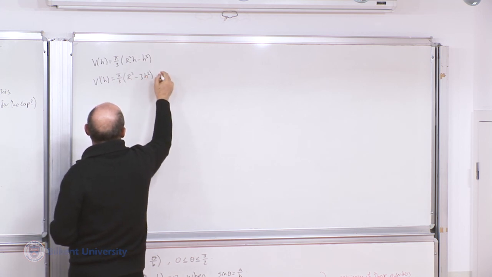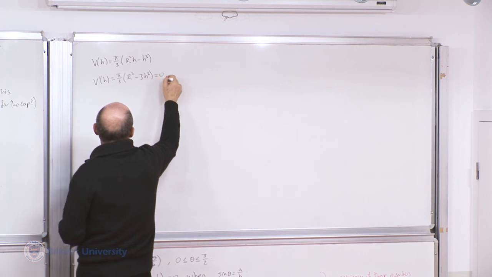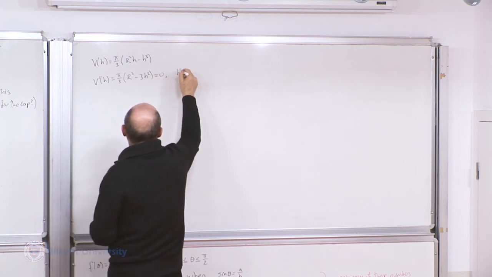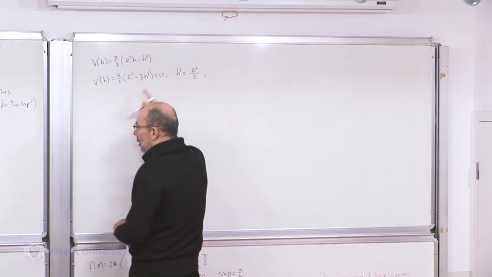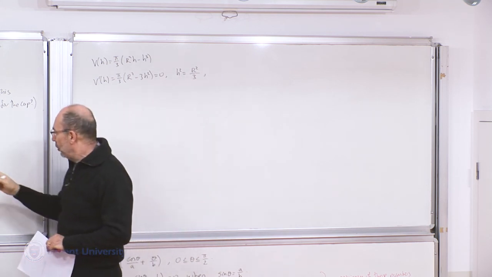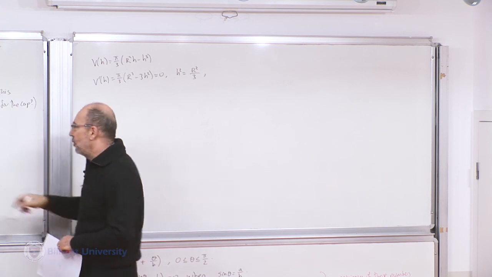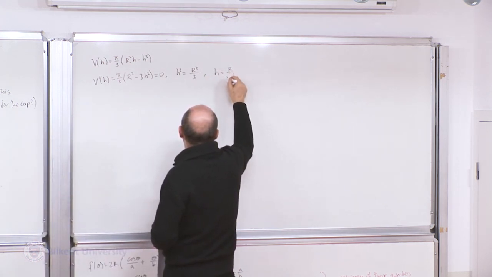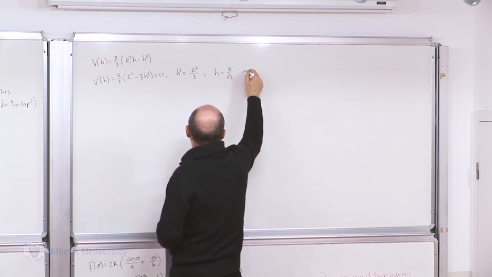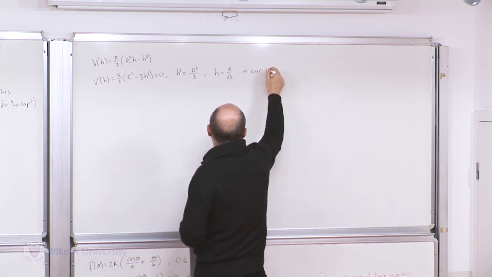So this is now easier, equal to 0. So h squared is equal to R squared over 3. I'll take the square root in this interval, so I need the positive square root. So h is equal to R over square root 3 in our interval.